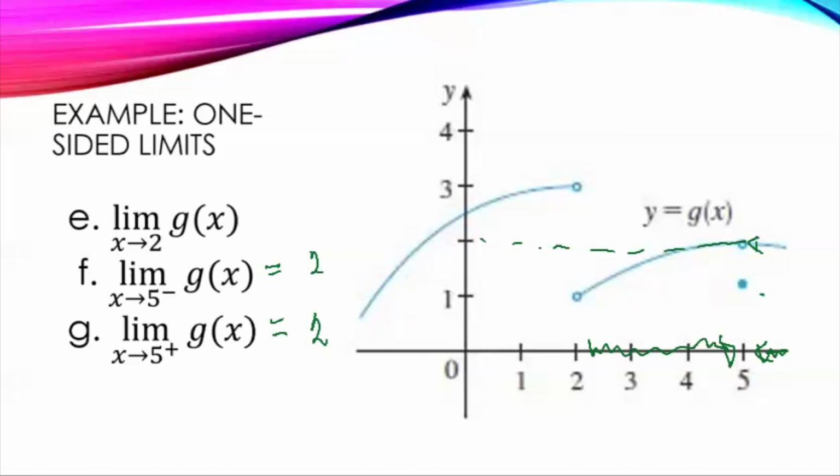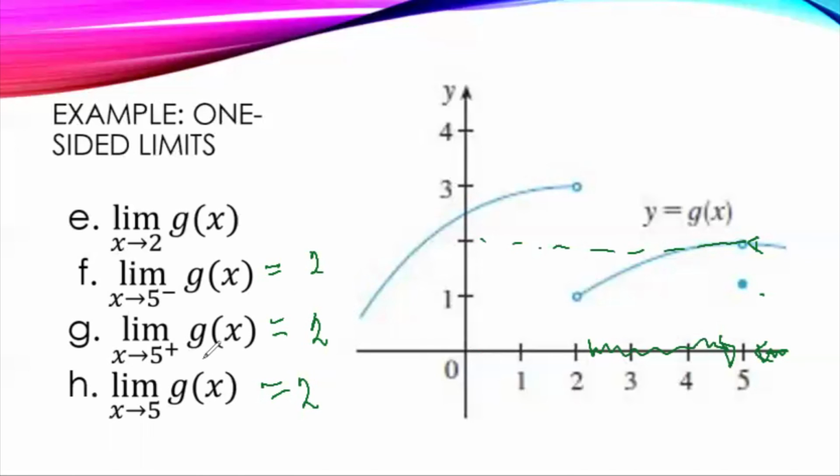So, what do you think is the limit of g of x as x approaches 5? It is equal to 2. Using the theorem that we discussed earlier, the limit of g of x as x approaches 5 is equal to L, which is 2, provided that the left-hand limit is equal to L and the right-hand limit is equal to L. In this case, our limit is equal to 2.